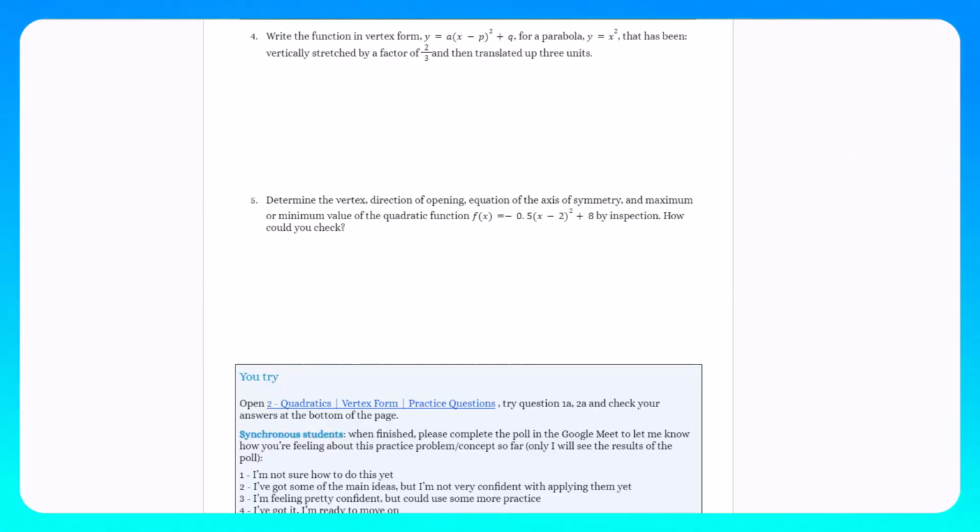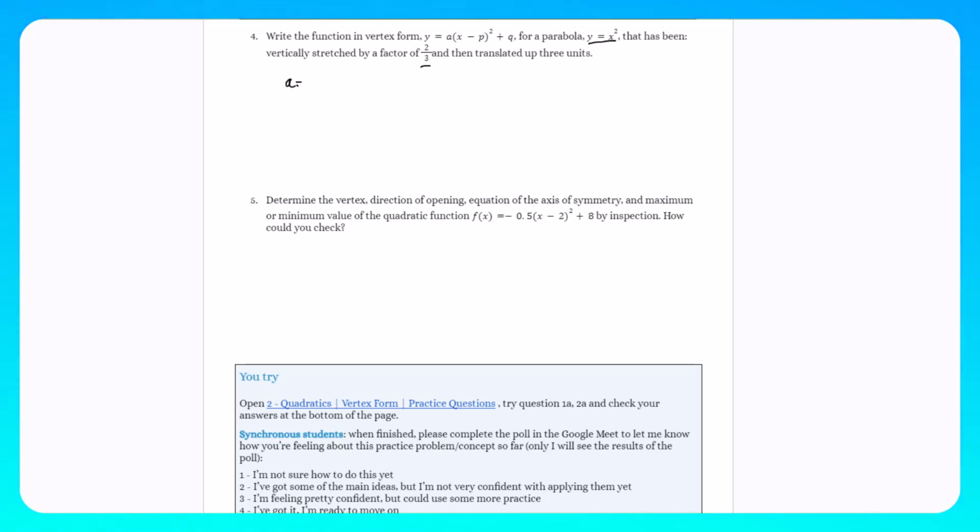Okay, let's look at question 4. Write the function in vertex form y equals a times (x minus p) squared plus q for a parabola y equals x squared that has been vertically stretched by a factor of 2/3 and then translated up 3 units. Well, it's vertically stretched by a factor of 2/3.